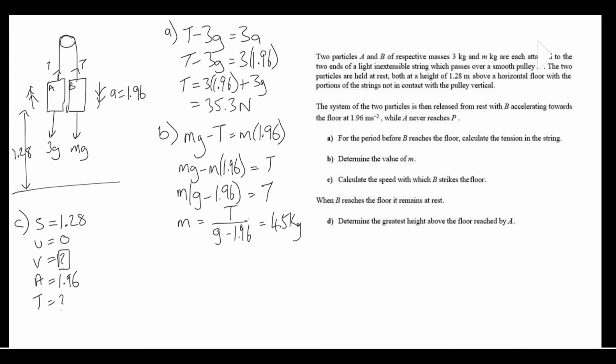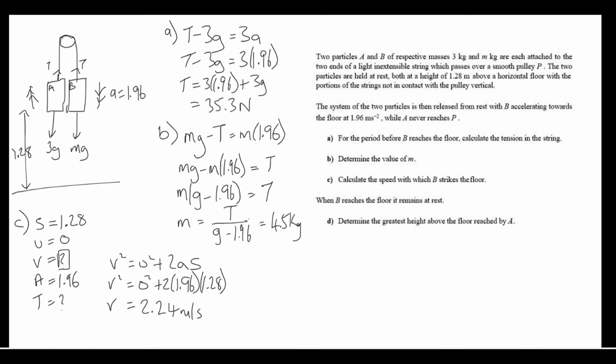With the variables we have, and looking for v, we're going to use v squared equals u squared plus 2as. Substitute in everything that we have, and we get v equals 2.24 meters per second. That's the velocity that B hits the ground with. Since the system is connected and intact all the way up until that point, that's also the velocity that A is moving with.